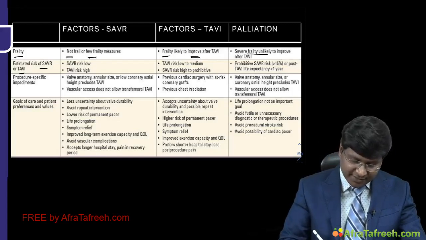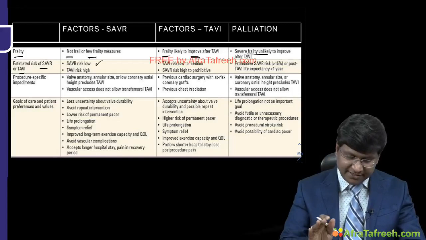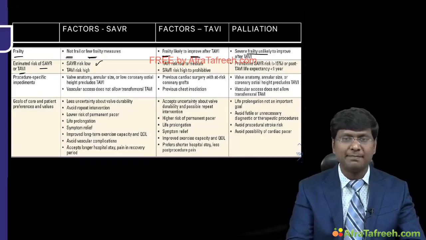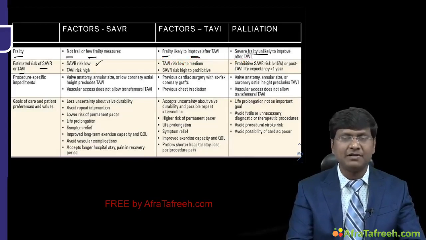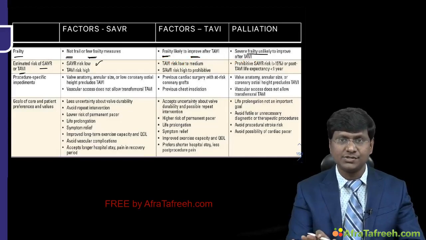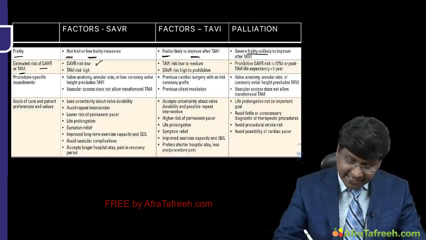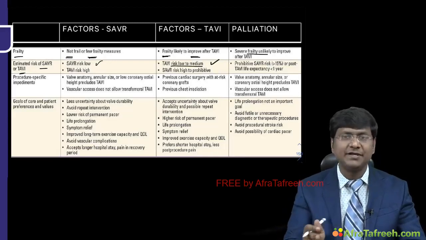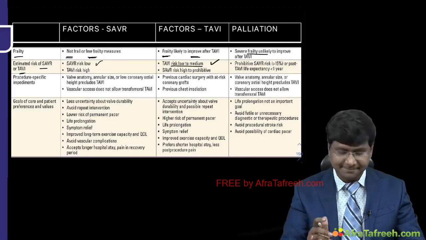So for surgical aortic valve replacement, the risk is low in case of bicuspid aortic valve or rheumatic pathologies or subvalvular pathologies or supravalvular pathologies, right? Whereas TAVI is low to medium in case of high risk individual with aortic stenosis, right?